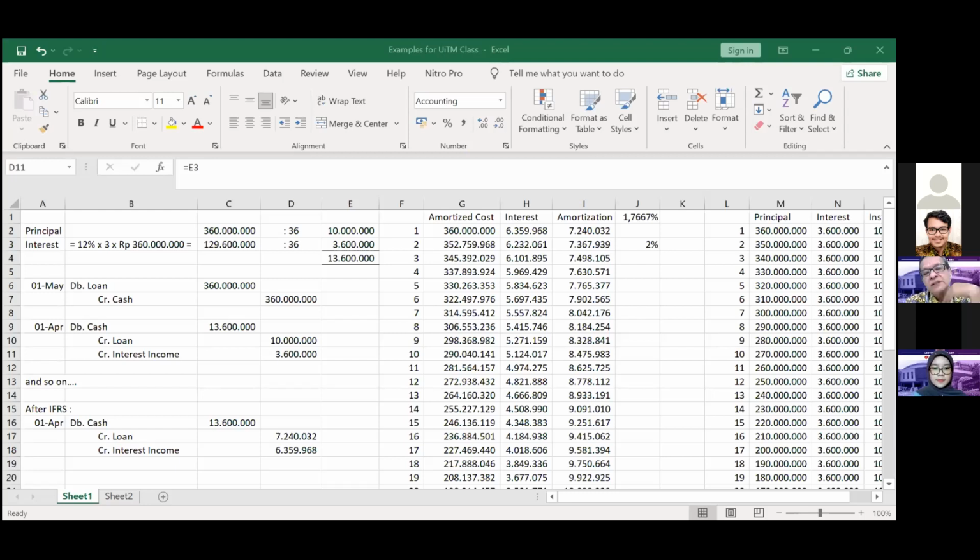To protect ourselves from the loss, we make a derivative transaction. For this transaction, the derivative is a contract to buy dollars. If we buy dollars, it's not a derivative. But if we make a contract to buy dollars, that's a derivative.